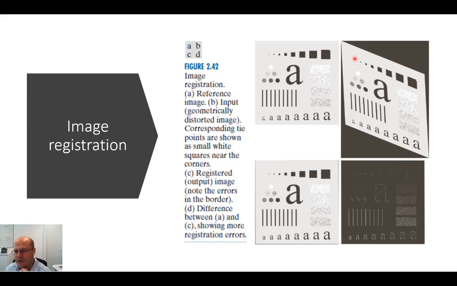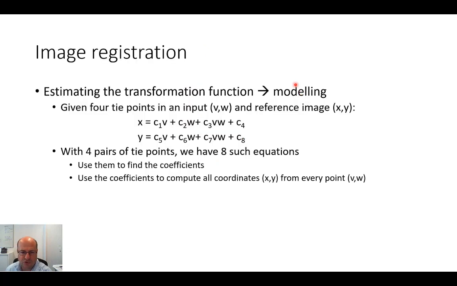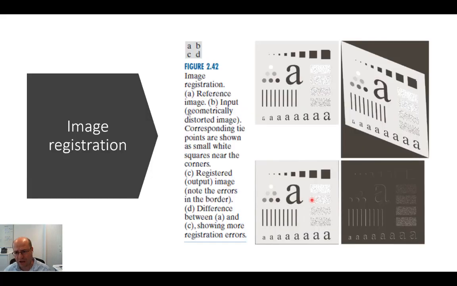So what registration does is identify these points, because it knows the location where these points should have been in the original image, and then these points form a system of equations, and the solution of the system of equations are the transformations that you have to apply to get from this to this.